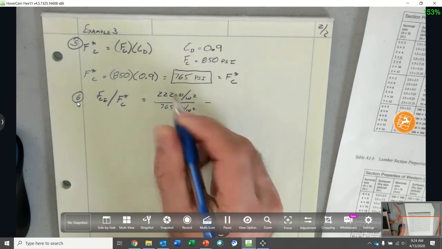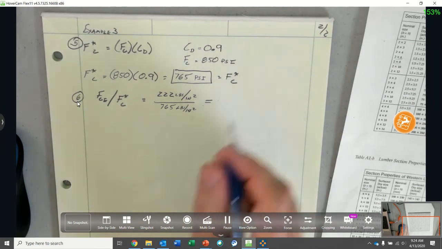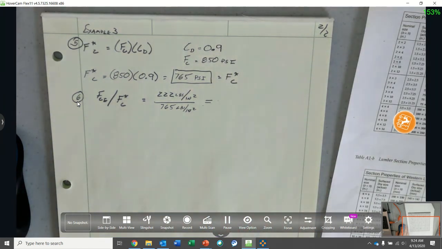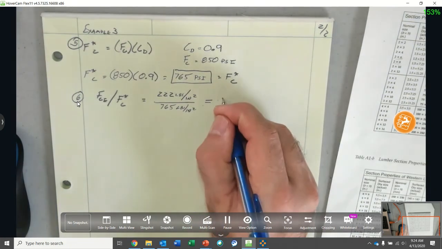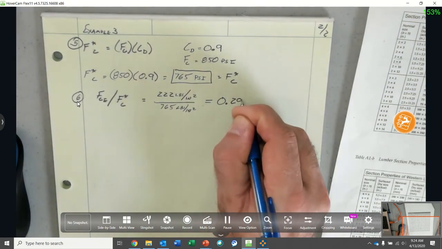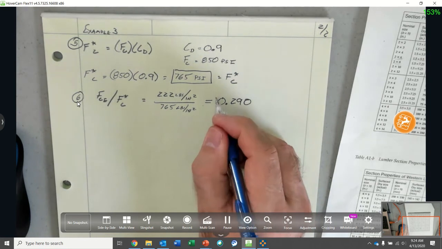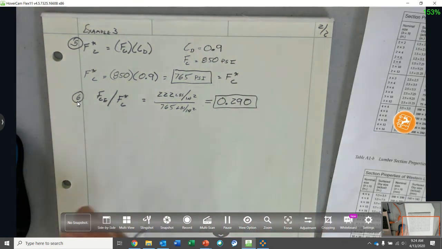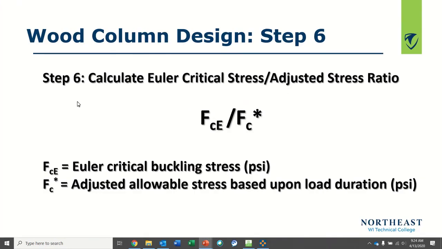It's a ratio, so that's a unitless number. Equals 222 divided by 765. So I get 0.290. Okay, that was step 6.